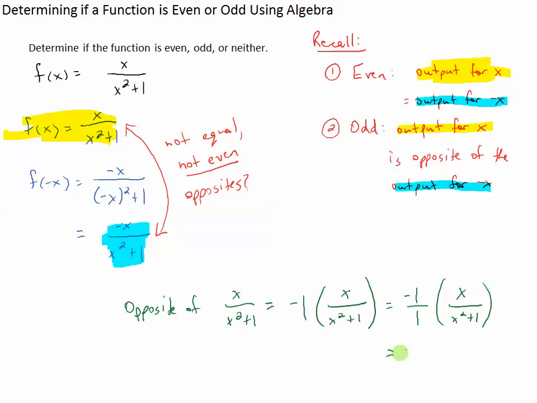And when you multiply fractions, you go straight across, and you can see you get negative x on top and positive x squared plus 1 on bottom. And that's exactly what this guy is. So they are, in fact, opposites. So now we can erase our question mark, and we could replace that with a check mark for yes, they are. So f is odd in this case, because the output for x is the opposite of the output for negative x.